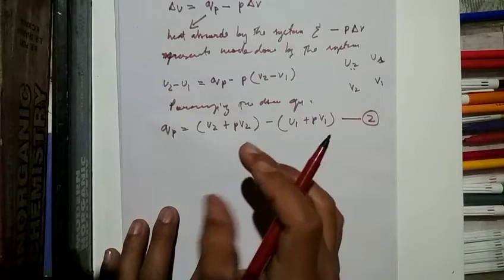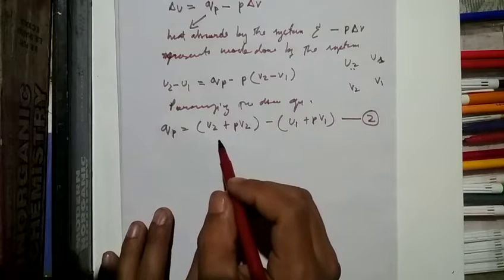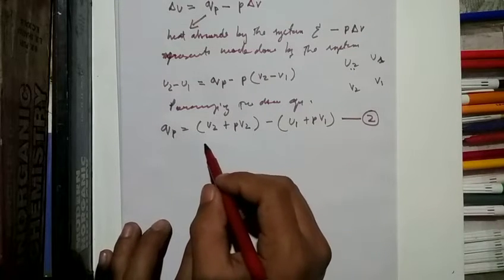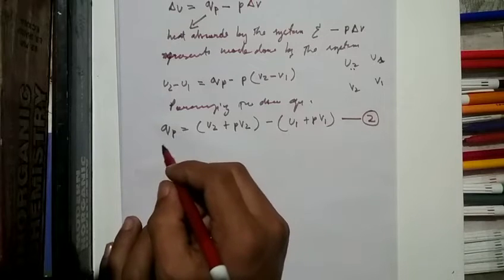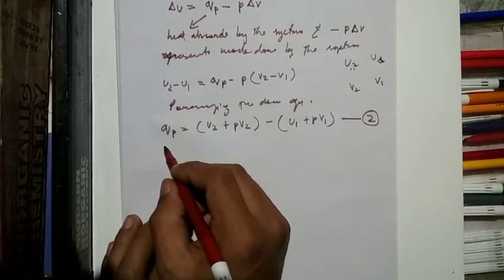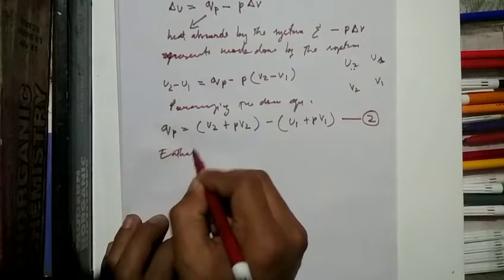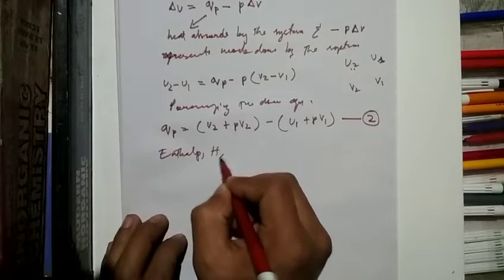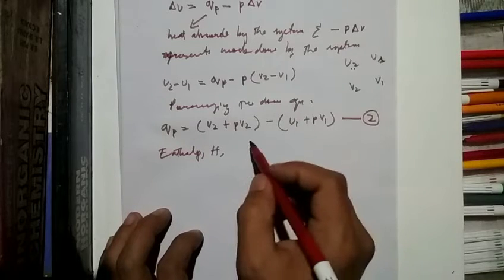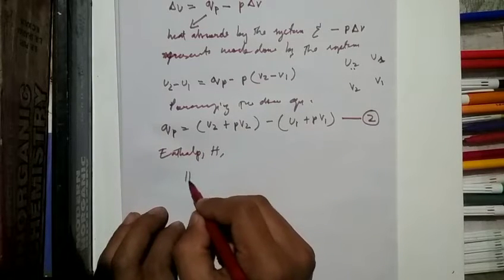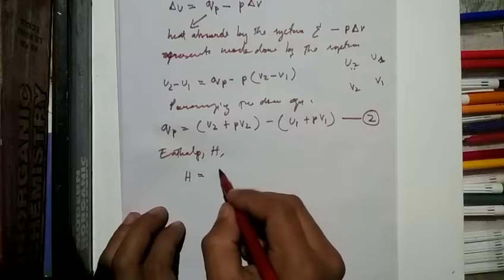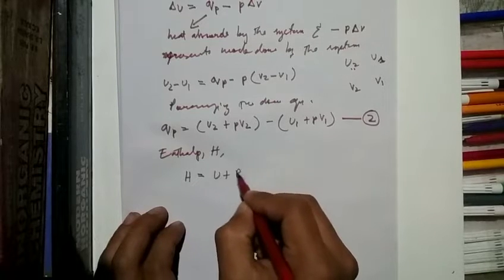Now there is another thermodynamic term known as enthalpy, which is H. So for enthalpy there is a formula: H is equal to U plus PV.